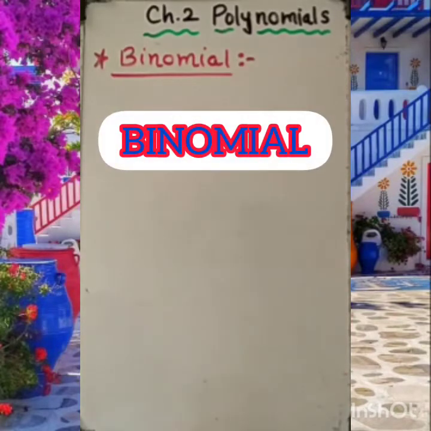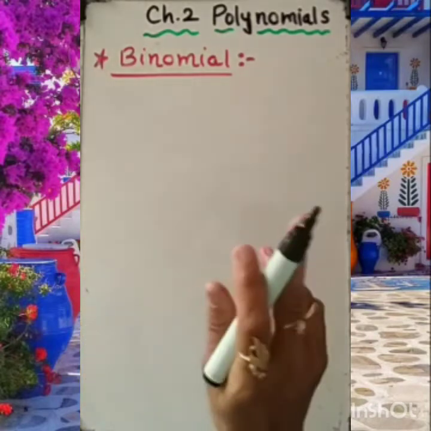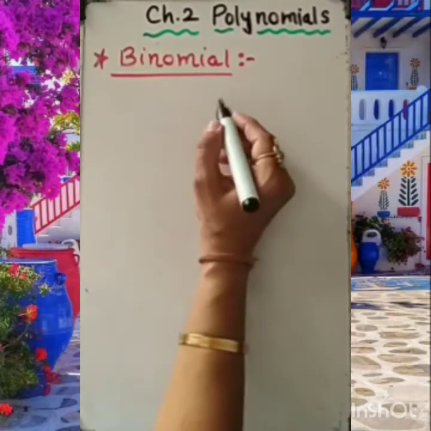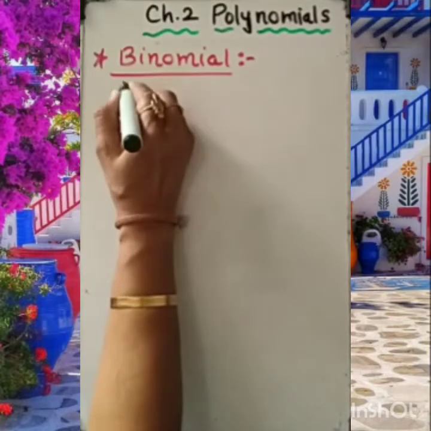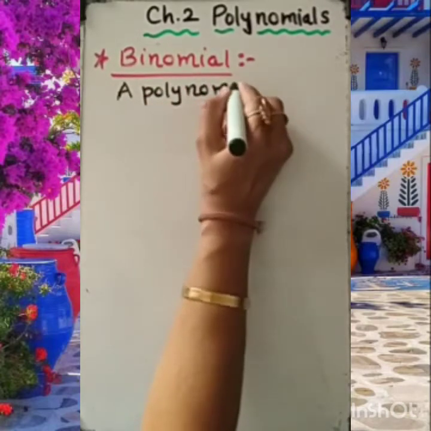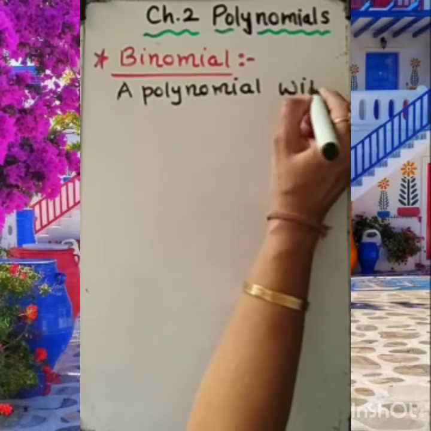Here we are working upon binomial. As we have seen, a polynomial with one term is called a monomial. Now it is binomial, so we need to mention a polynomial with two terms.